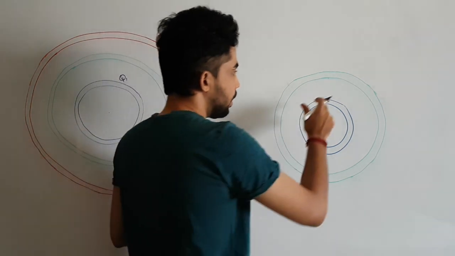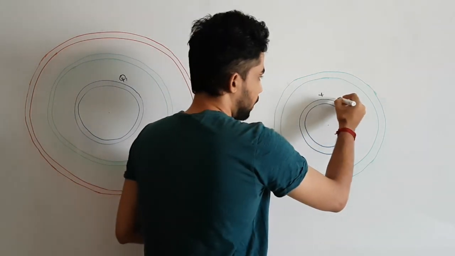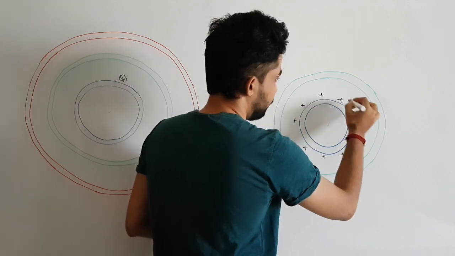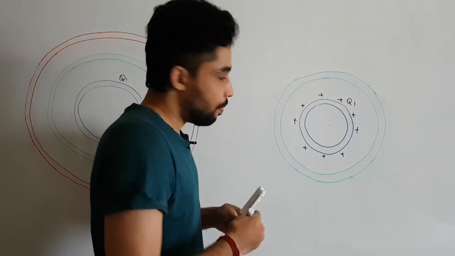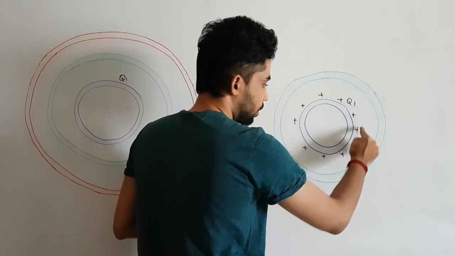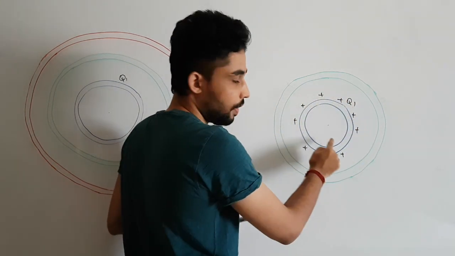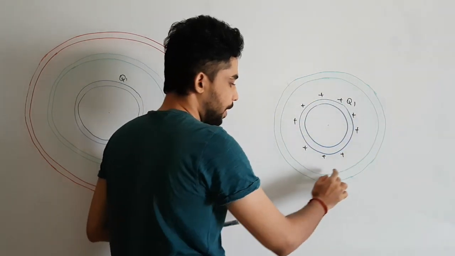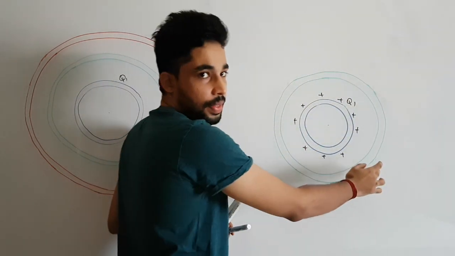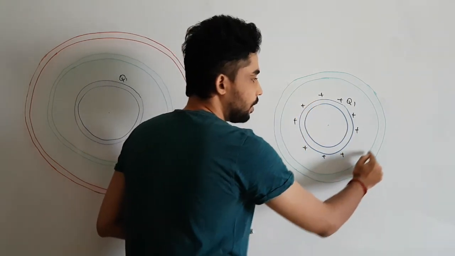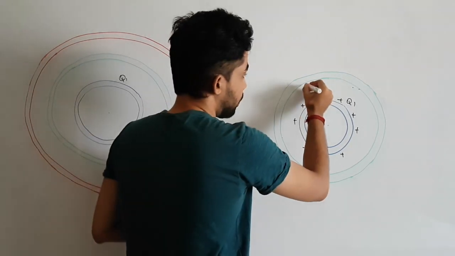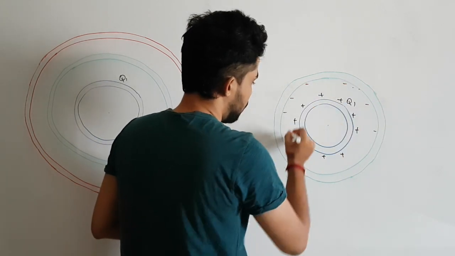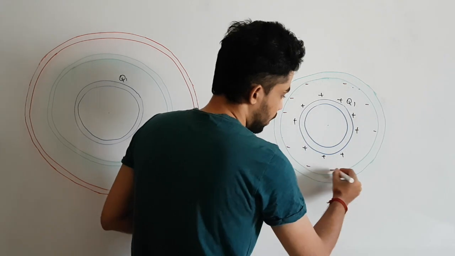Now let's consider the second shell. Here we have all the positive charge Q1 settled in. Because of this collection of positive charges on the outer surface of the first shell, it will attract all the electrons present in the second shell onto the inner surface of the second shell, like this.